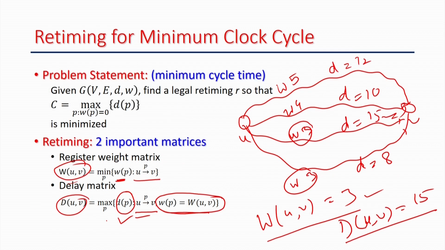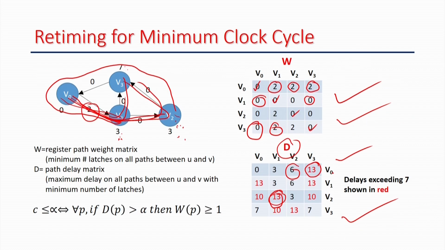So, this is those 2 matrices, and now you can see the nodes in red. For this example, as mentioned earlier, the maximum delay of the combinational path is 13, which you have seen earlier also, and our target is to reach 7, right. Can we reach 7 for this?